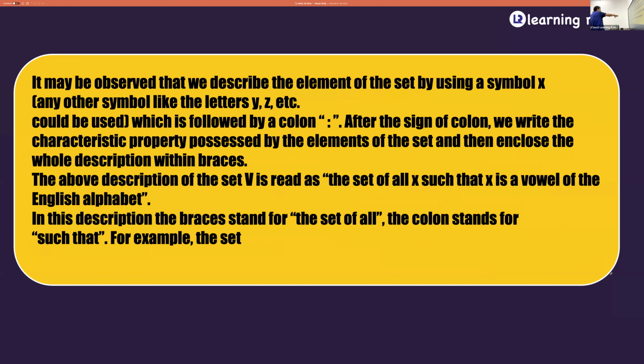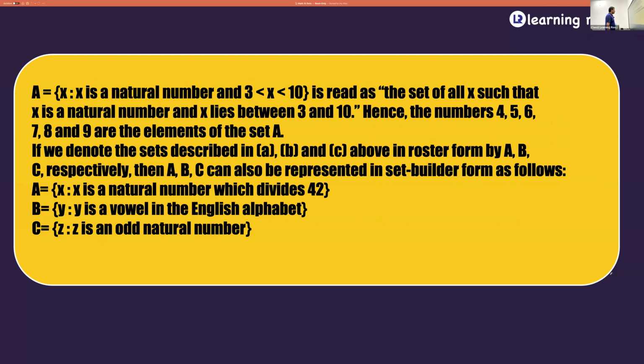So here they have mentioned what it means. The dot means such that, the colon means such that. See, if you take the set A, what are you able to understand?